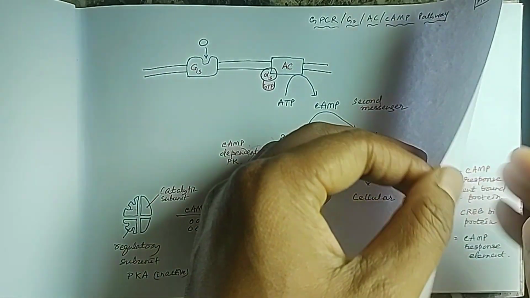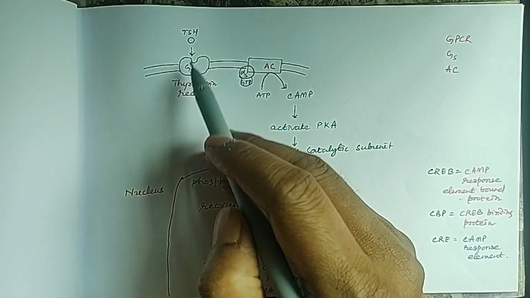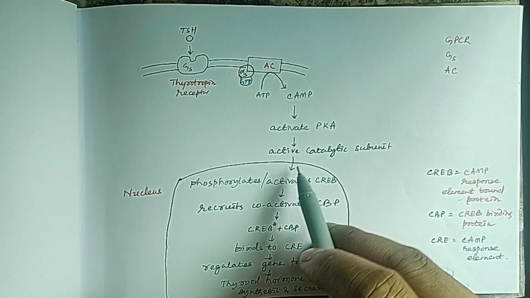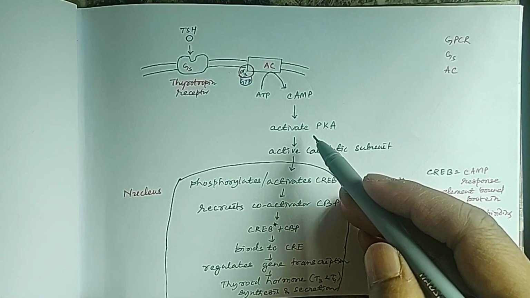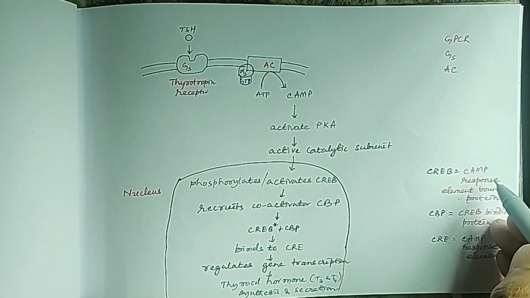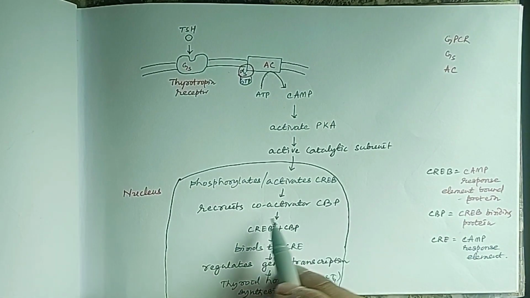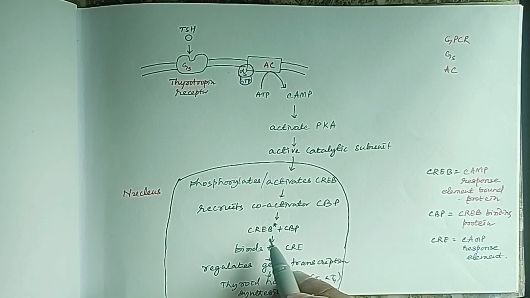Let us see one example. One example is the thyrotropin receptor, or receptor of thyroid stimulating hormone, where the active protein kinase A, that is the active catalytic subunit, enters into the nucleus and phosphorylates and activates the cyclic AMP response element binding protein, CREB, which will recruit the co-activator CREB binding protein, CBP.